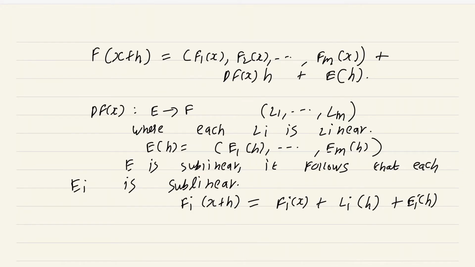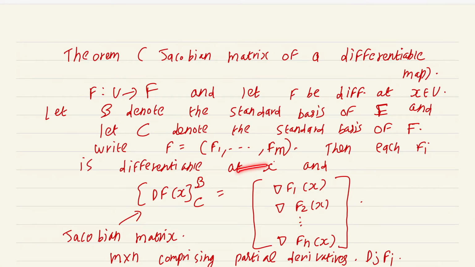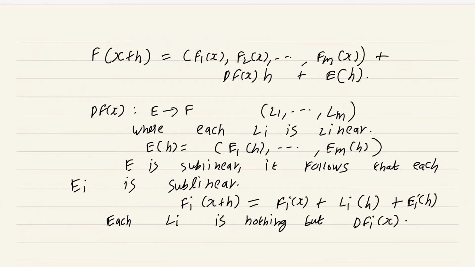Now it immediately follows that each Li is nothing but dfi at x, which shows that each fi is differentiable. The fact that the matrix of dfx with respect to the standard basis is just the various gradients of the fi's follows from what we have proved earlier: if you have a scalar valued function of a vector variable, then the matrix representation of the derivative map is nothing but the gradient. Putting all this together, we are done.